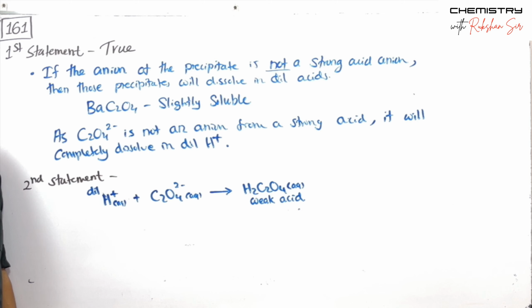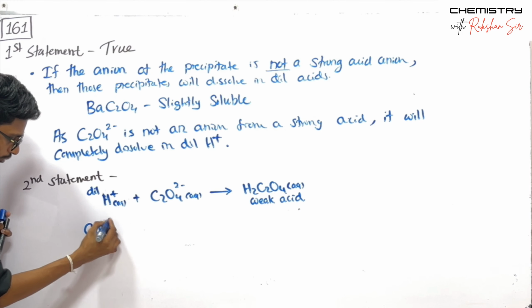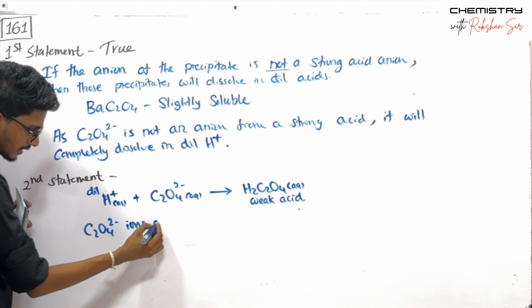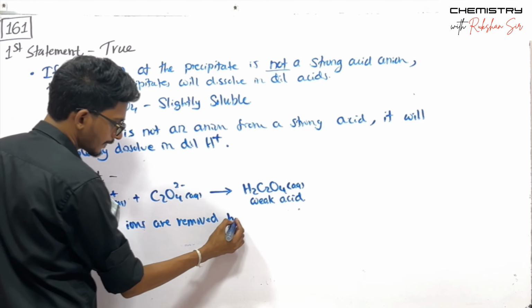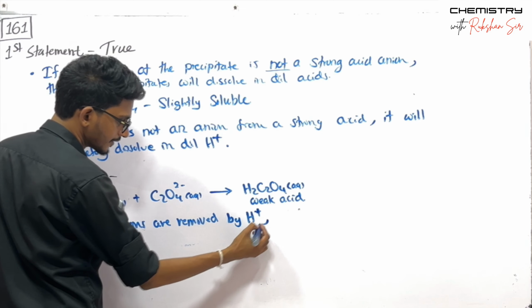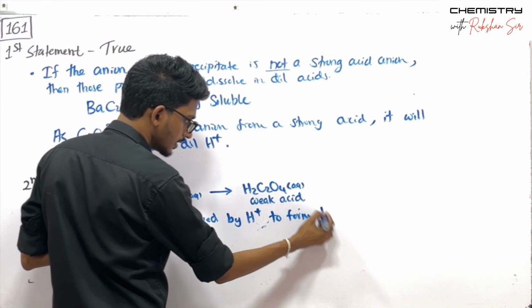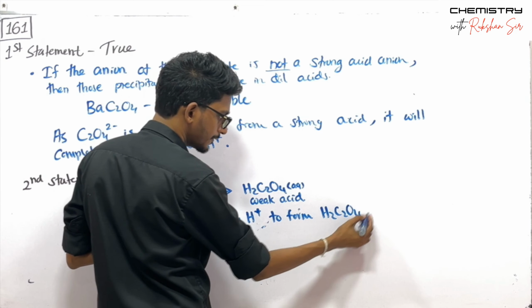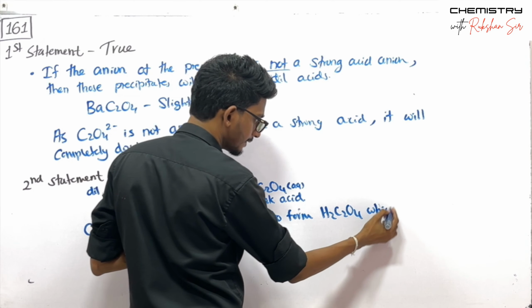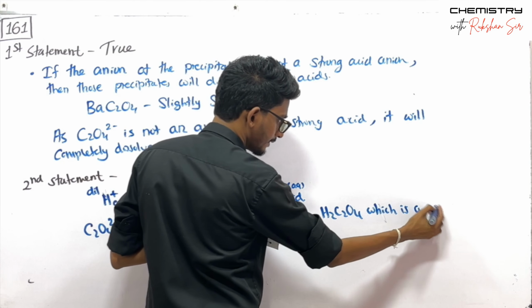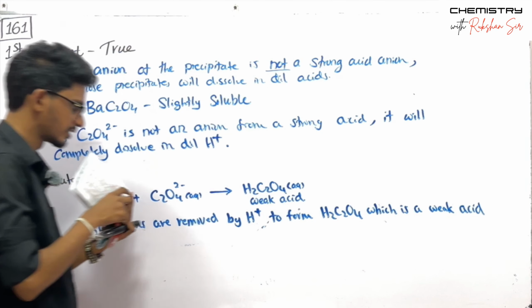So C2O4 2- ions are removed by H+ to form H2C2O4, which is a weak acid. What is this acid? This is oxalic acid.